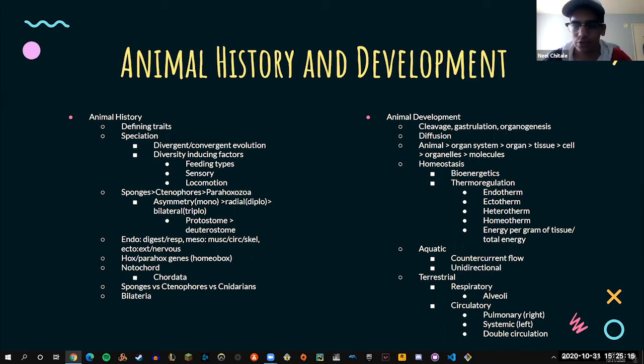Then we get into the hierarchy of the animal system. By now, I'm sure a lot of you know what the order is, but essentially, most complex, you have the animal, then you have the organ system, then you have the organ, the tissue that makes up the organ, the cells that make up the tissue, and then the organelles in the cell, and then the molecules in the organelles.